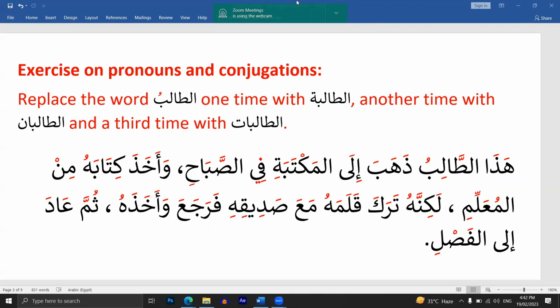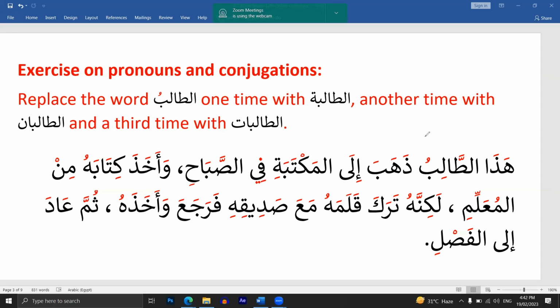Okay, وأخذن كتابهما من المعلم. كتابهما? No, it's كتابهن, هن. كتابهن من المعلم.